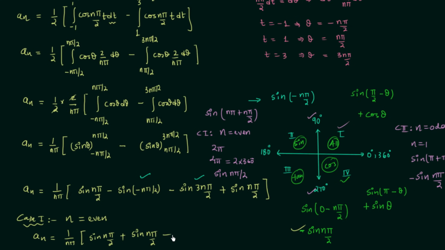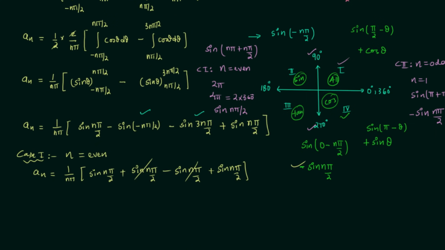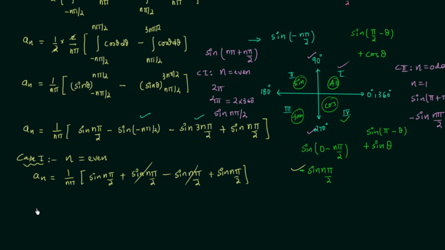The negative sign was there, so we have minus sine n pi by 2, and this sine n pi by 2 will come as it is. So you can see we have sine n pi by 2 cancelled out, and we are left with 2 times sine n pi by 2 multiplied to 1 by n pi. So an is equal to 2 over n pi sine n pi by 2.